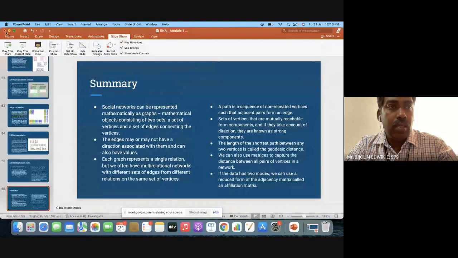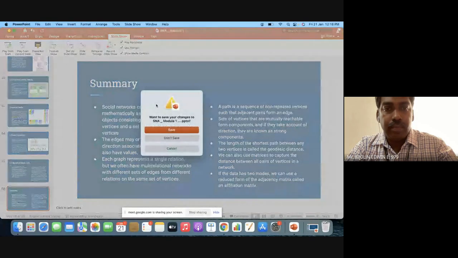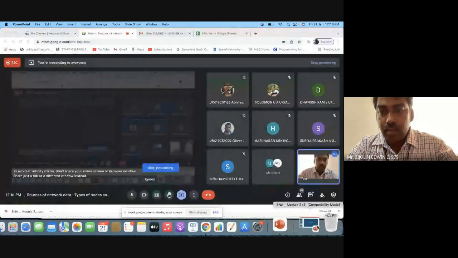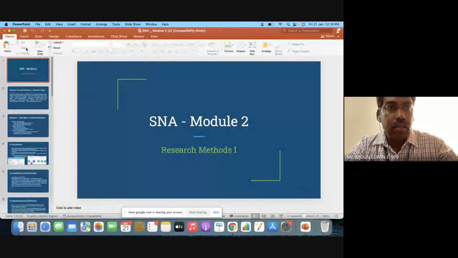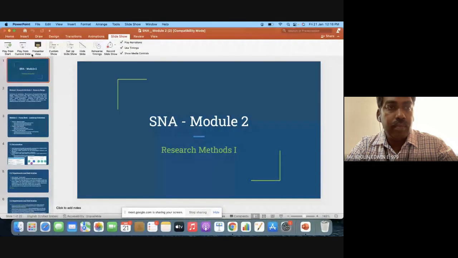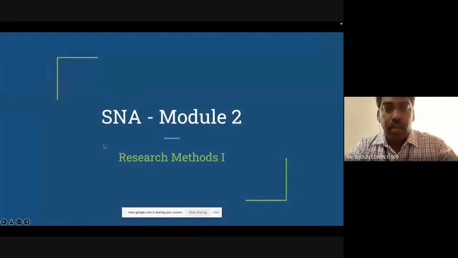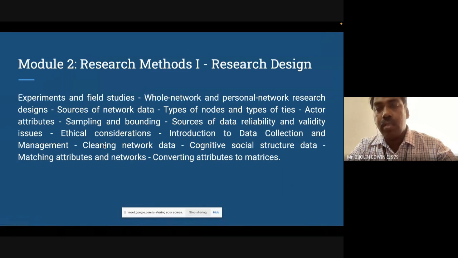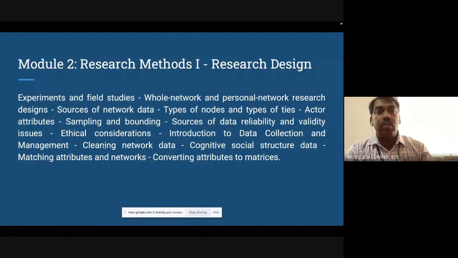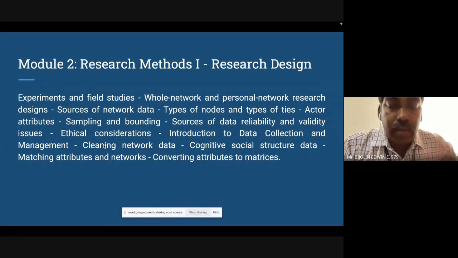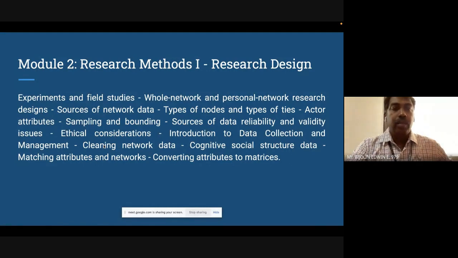Next, we'll move on to the second module. It's some research methodology that is related to graphs. Here we can work out some research design concepts using graphs.